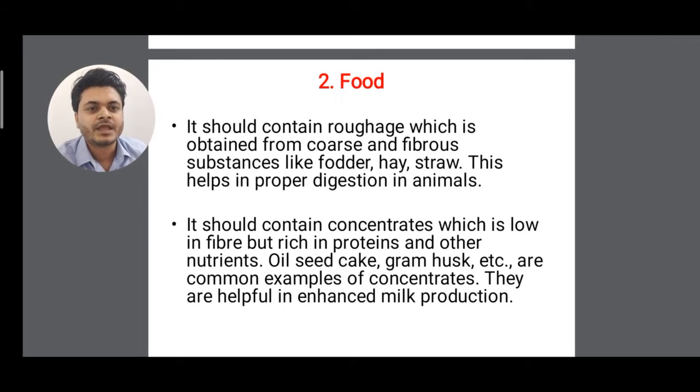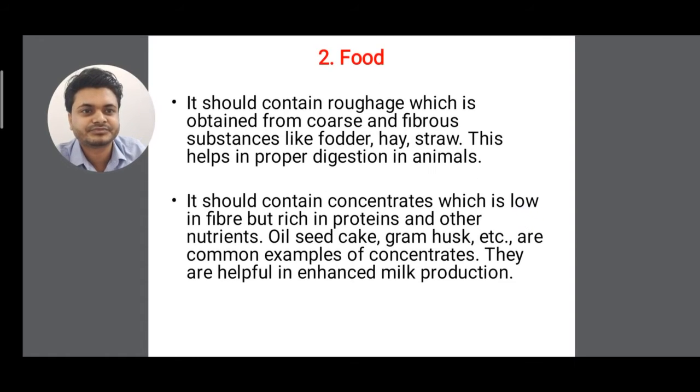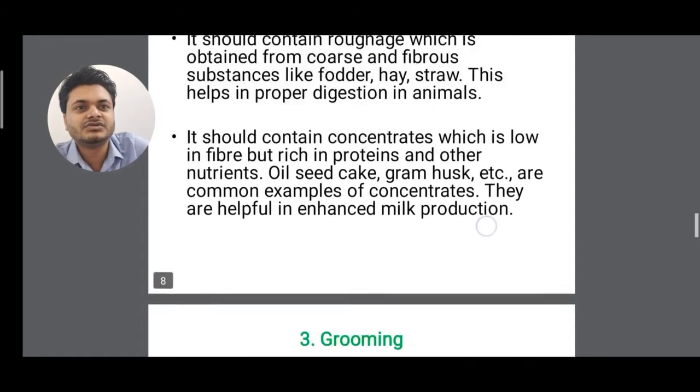Oilseed cake and gram husk are common examples of concentrates. They are helpful in enhanced milk production. If we give oilseed cake and gram husk, it enhances the milk production of the cattle. Clear?